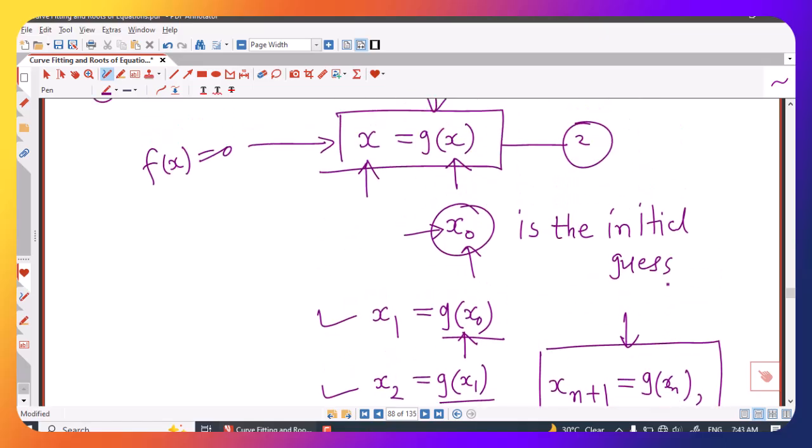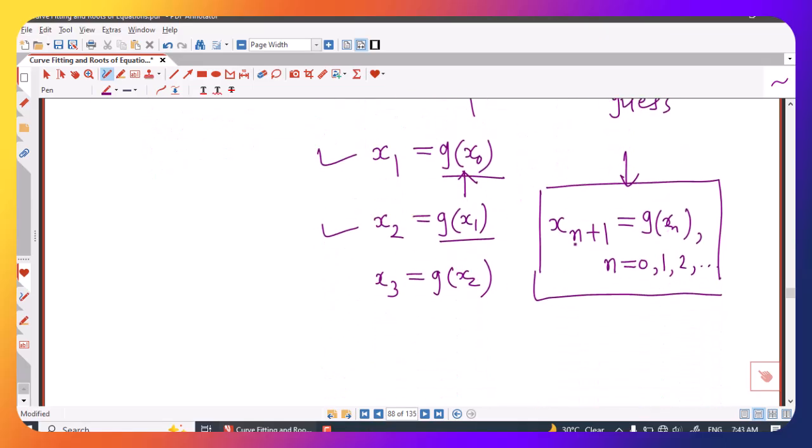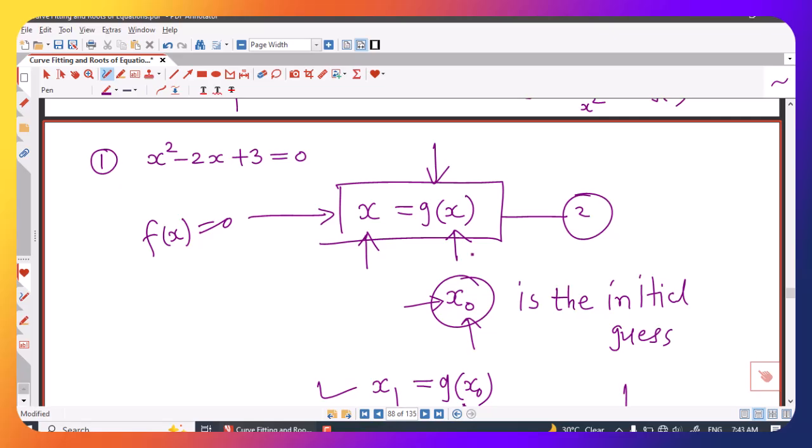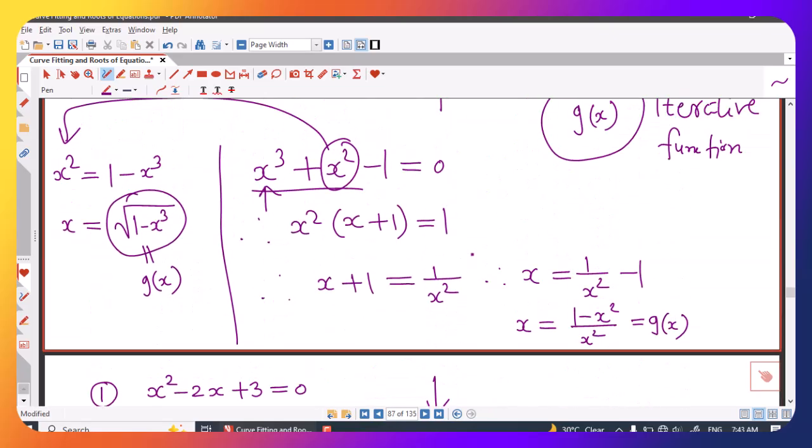So this sequence must converge to the actual root if we have properly selected this function g(x). You can see I have several ways of rewriting the given equation in the form x equal to g(x). So we can have more than one g(x), that is iterative functions.